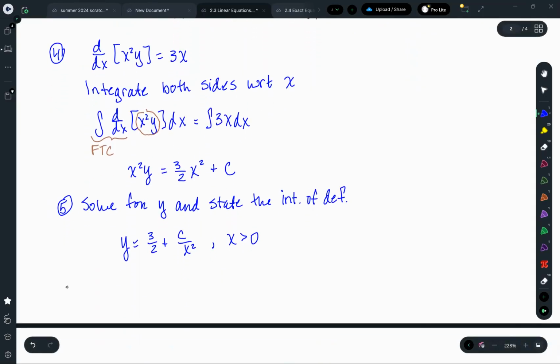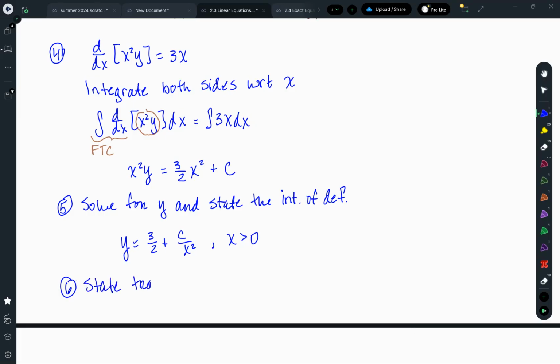The last thing is to state transient terms. All right, so we have to examine what happens in the limit as x goes to infinity. Do any of the terms go away? Because if they do, then that's going to be one of my transient terms. So looking at 3/2 plus c over x squared, as x goes to infinity, 3/2 just stays 3/2.